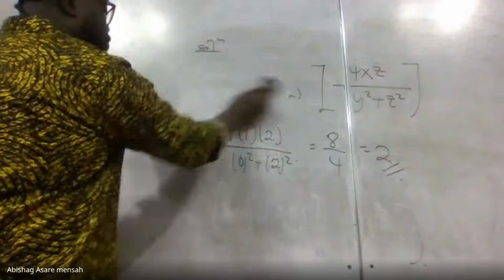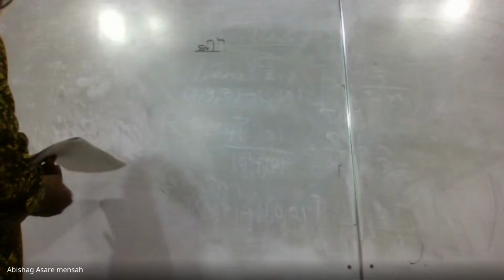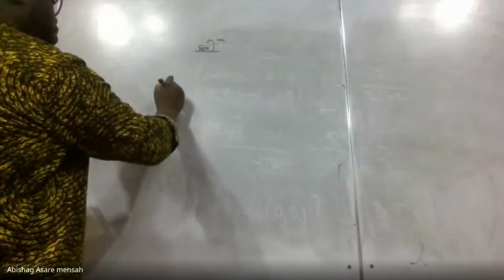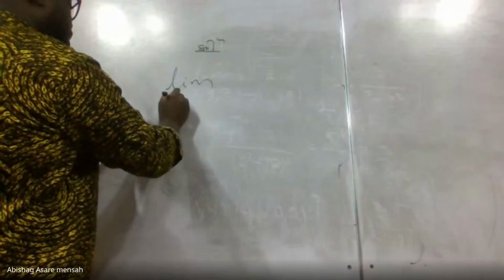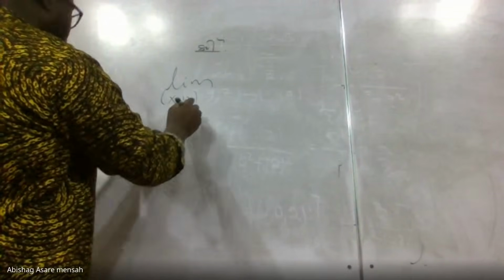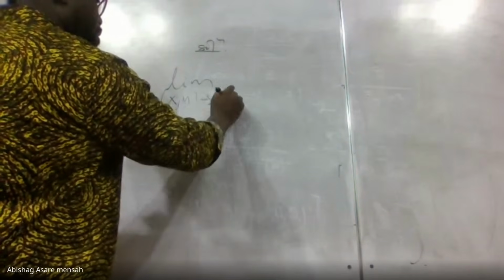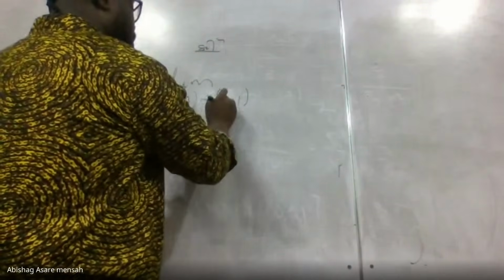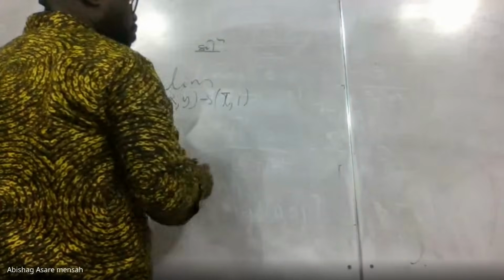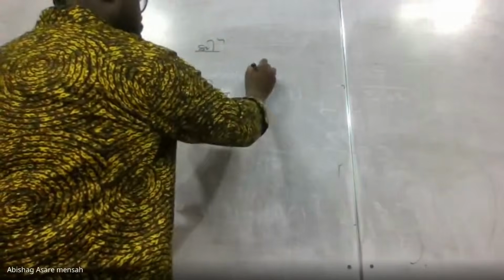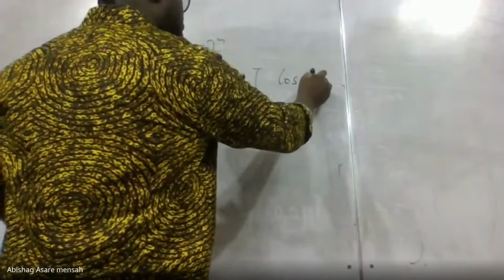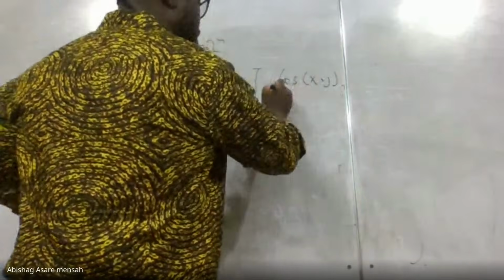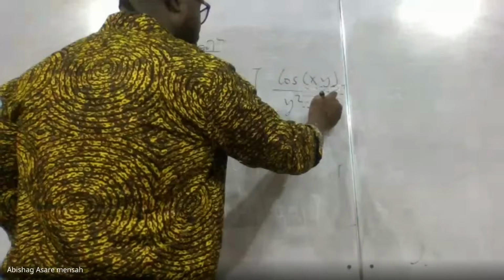Now we have to find the limit as x and y approaches pi comma 1. This time is cos xy all on y squared plus 1.